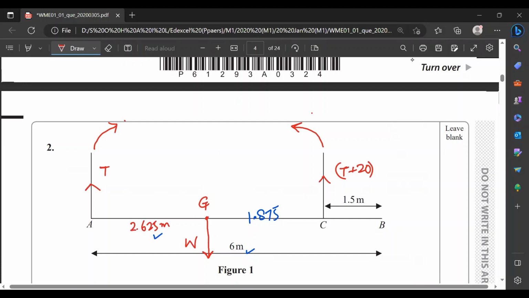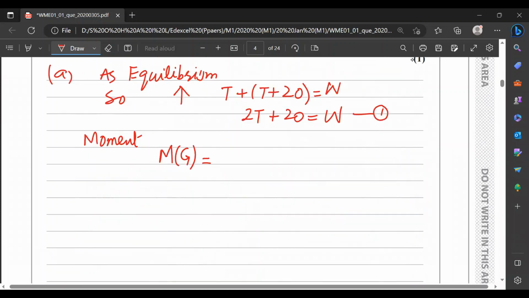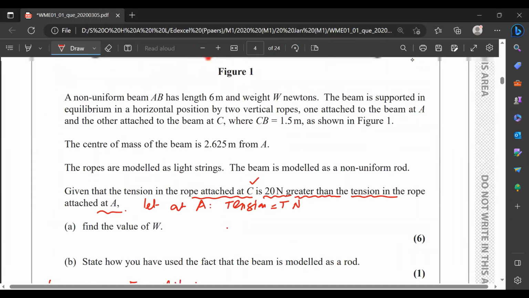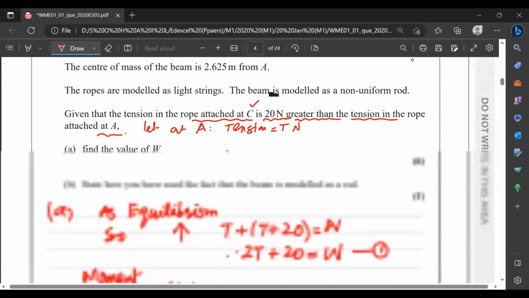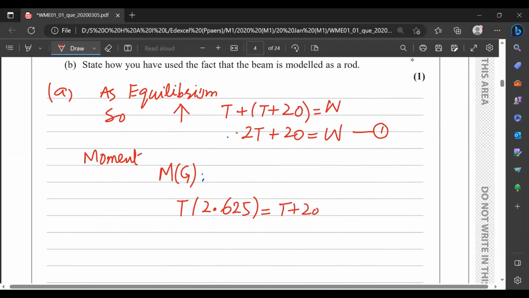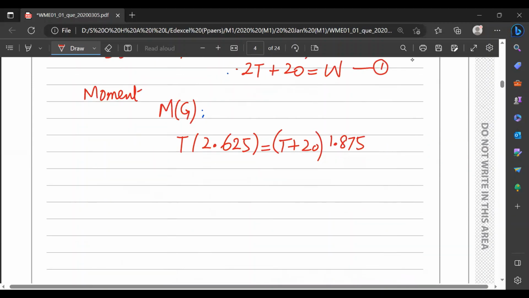So T into the distance from the center of gravity, T into 2.625, is equal to the anti-clockwise moment, T plus 20 into 1.875. From this equation I can find the value of T.